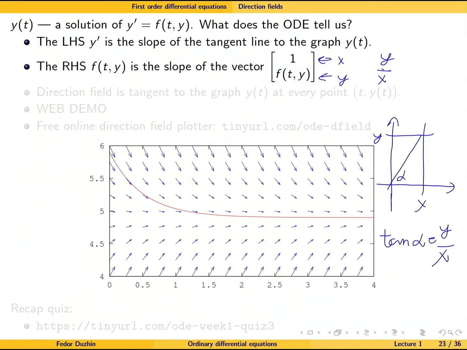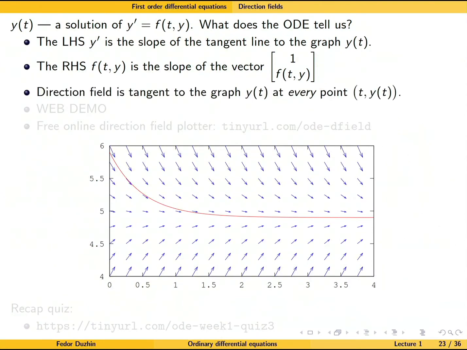So if y over x is 0, it means that y is 0. And so on. So for example, if f of t, y is 0, it means that we're going to see a horizontal arrow.